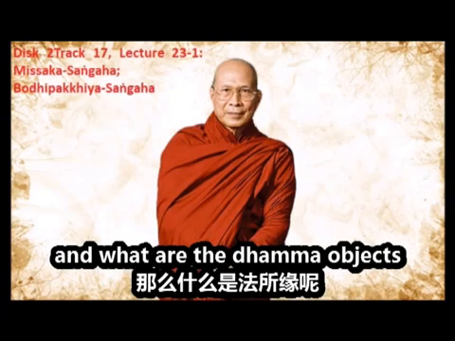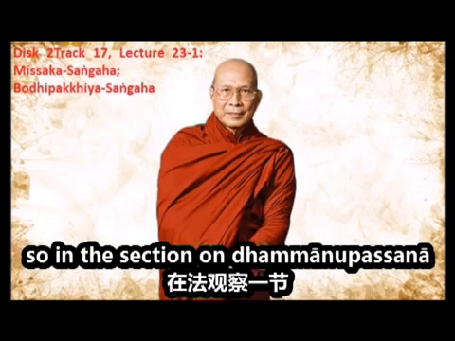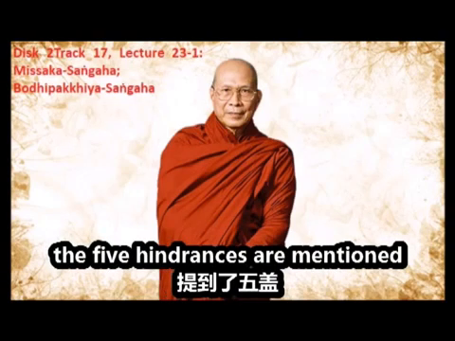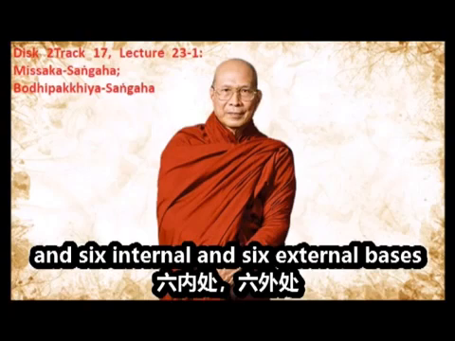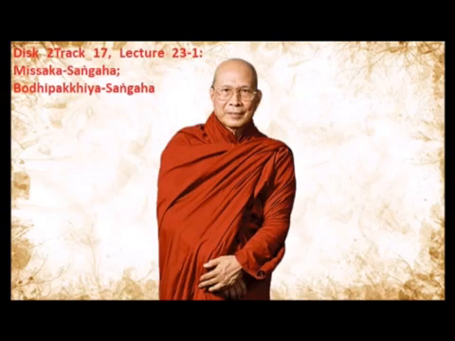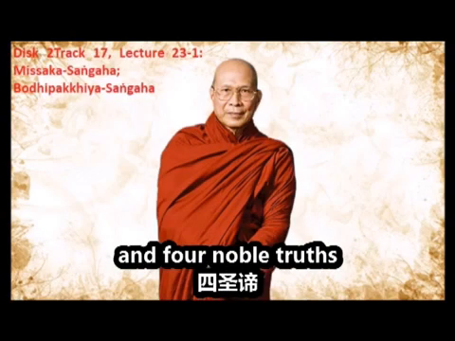And what are the Dhamma objects? In order to understand it, you have to read the Mahasatipatthana Sutta. So in the section on Dhammanupassana, the 5 hindrances are mentioned, 5 aggregates, and 6 internal and 6 external bases, bojjhangas, factors of enlightenment, and 4 noble truths.